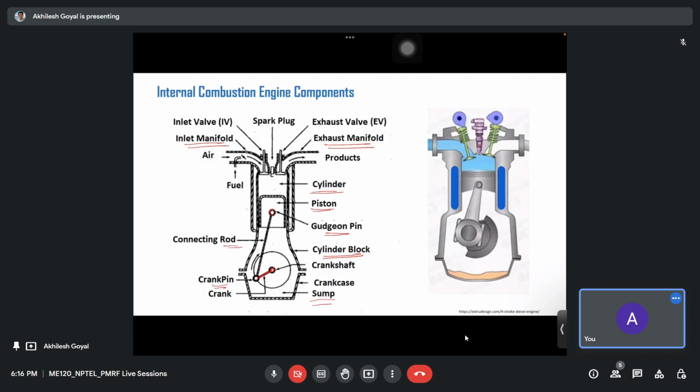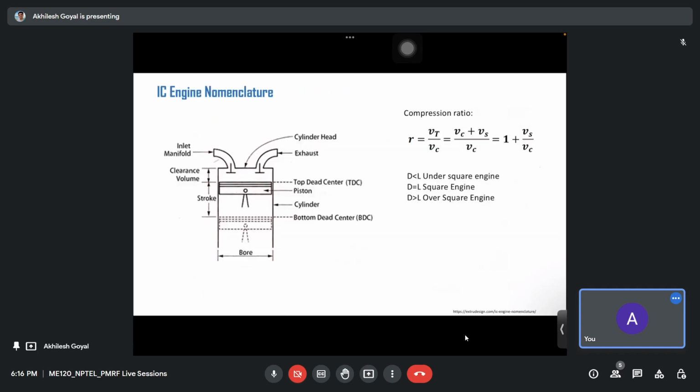In this slide we will talk about the nomenclature of IC engine. As you saw in the last picture, there is a cylinder and a piston, and this piston is connected to the connecting rod and moves inside the cylinder.